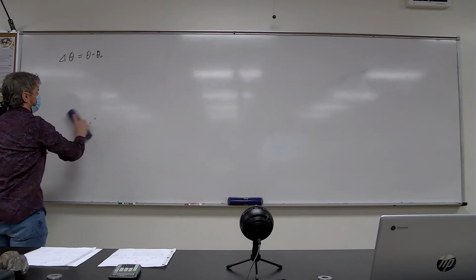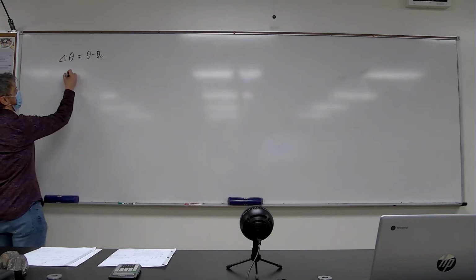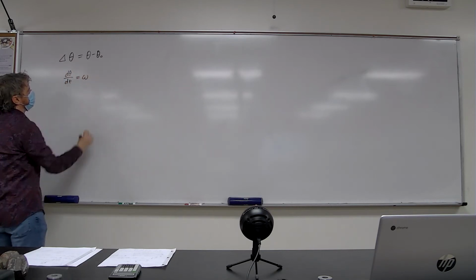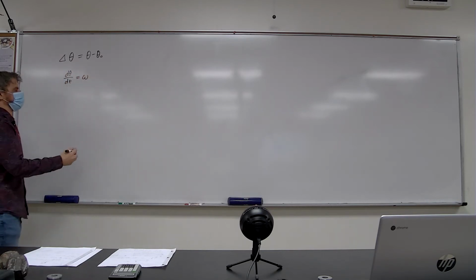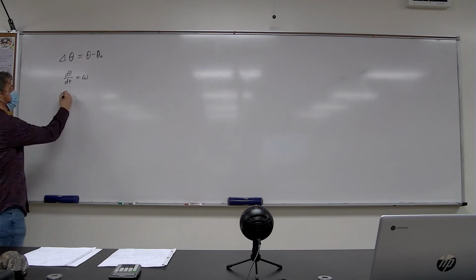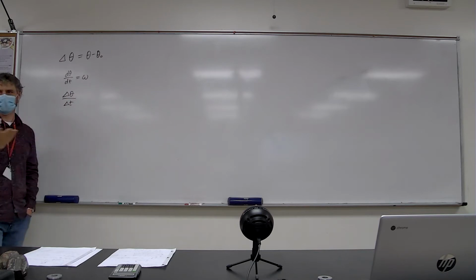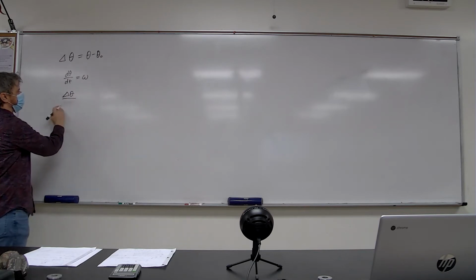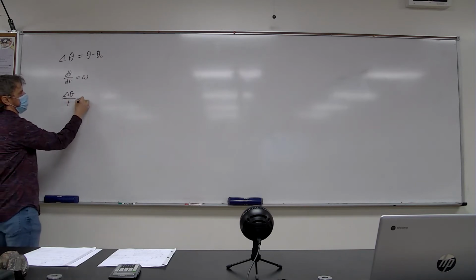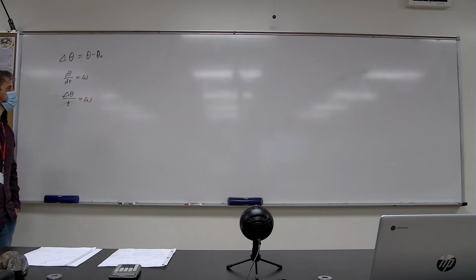We already talked about on the macro scale, d theta dt is omega. But on the micro scale, that's the micro scale. On the macro scale, delta theta over some time interval delta t, but usually we just write t because we assume t starts at 0. That's also omega. Right?